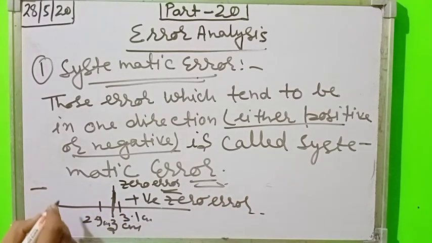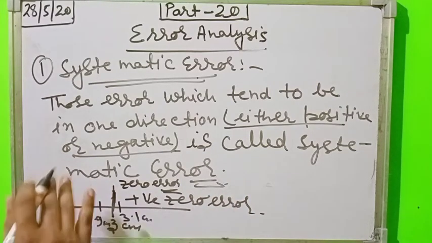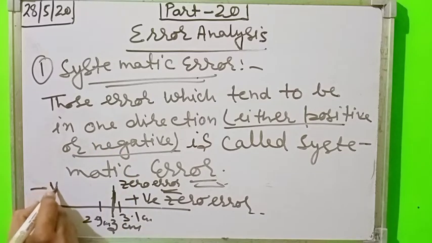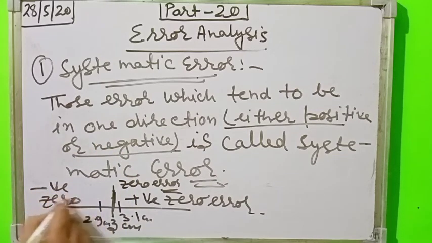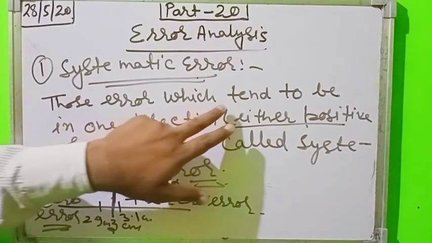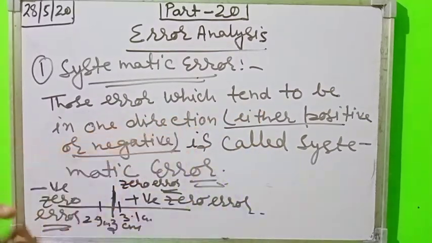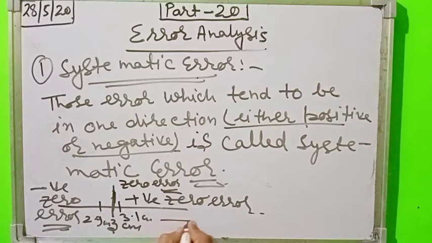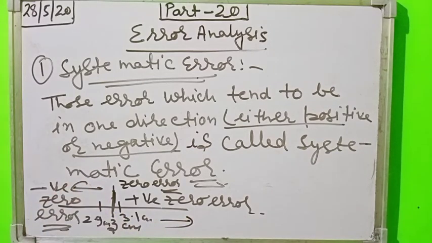And if you are moving the other way due to imperfection, then it is negative zero error. So we are saying that the error tends to be in one direction, either this direction or that direction. This means unidirectional, either positive or negative of the zero.